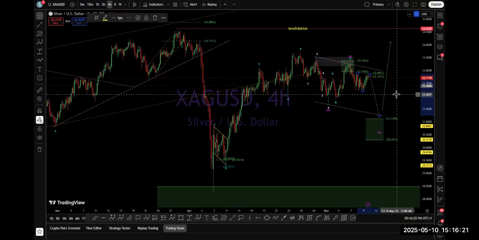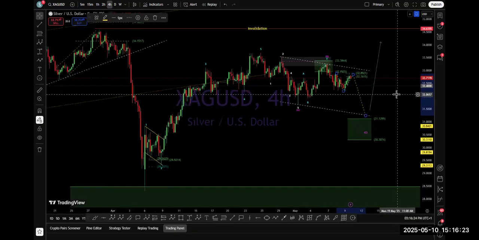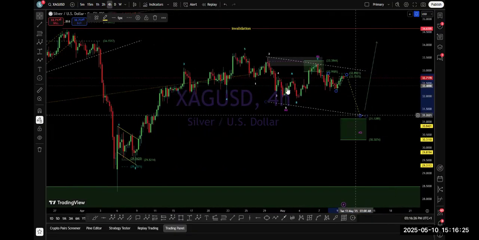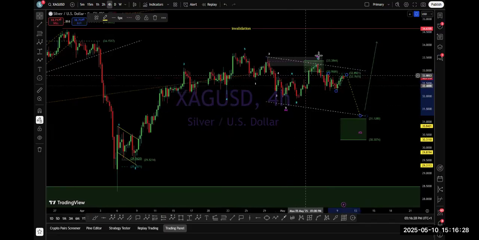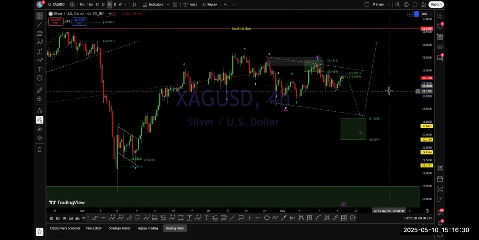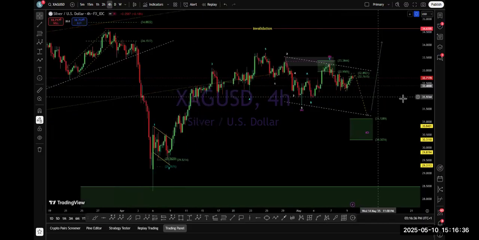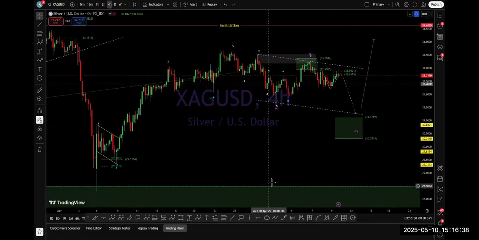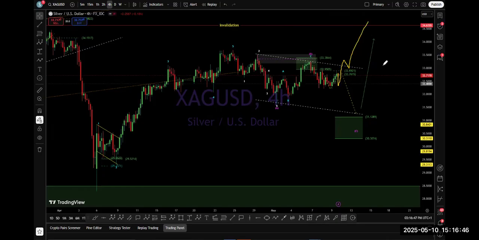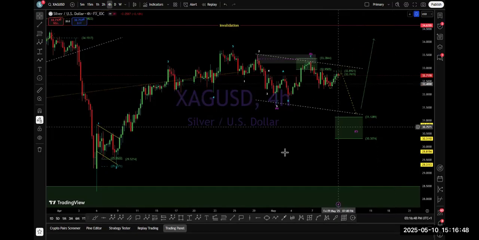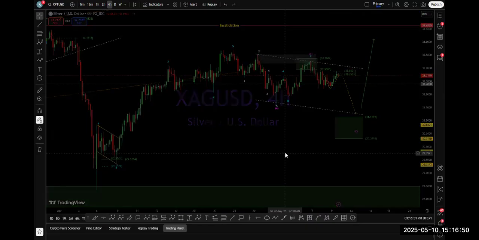Looking at silver, the only meaningful thing I can see here is this drop to make it a proper A, B, C. Remember, as I said earlier, any structure can be abandoned and market can keep going. So silver may just ignore what we are expecting, make a little move down, break this place, make correction, and continue going up. Whichever one, we are watching it and we will trade it.